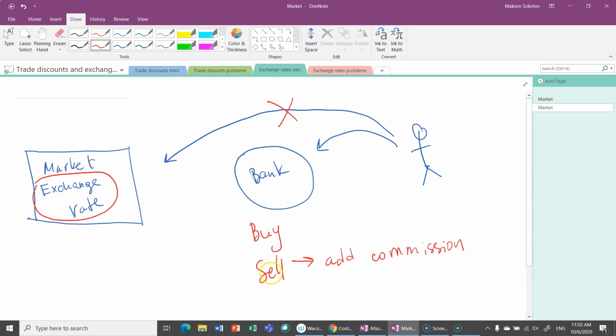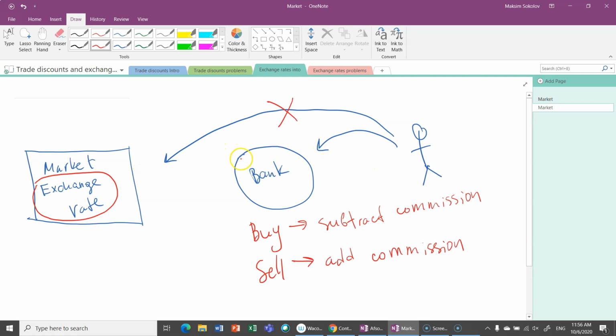So they buy themselves at the exchange rate, and then they sell to the consumer by adding commission. And if they buy currency from the consumers, then they would subtract commission. So this is how this works in a very simple situation.